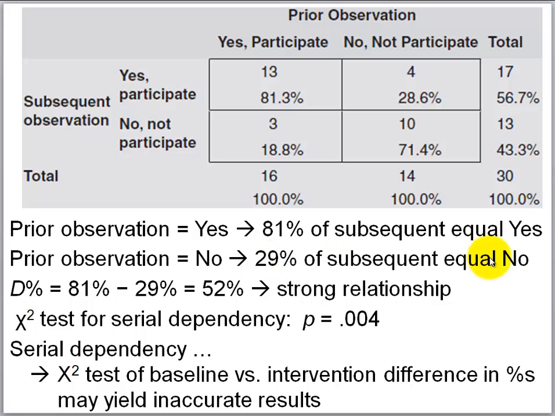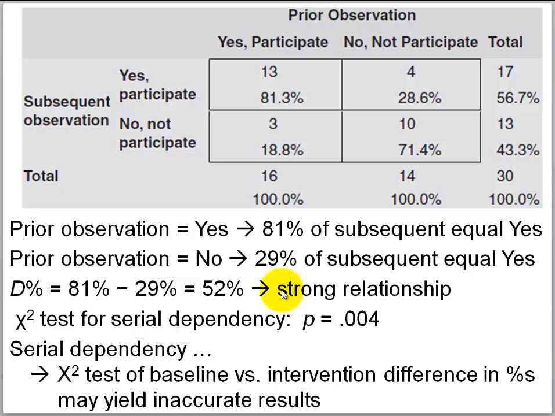I mean, this should be yes. So I've corrected the mistake. Where the prior observation is no, 29% of subsequent observations are yes, and that's this cell here. Okay, so the difference in percentages saying yes at the subsequent observation time is 52%.